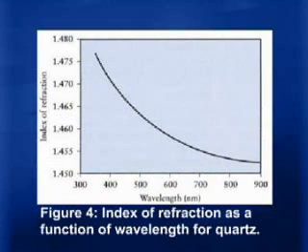Now this is index of refraction as a function of wavelength for fused quartz. Here you can see that as the wavelength increases, we are seeing index of refraction decreasing. But the main change in index of refraction is taking place when we are moving towards higher wavelength from smaller wavelength.